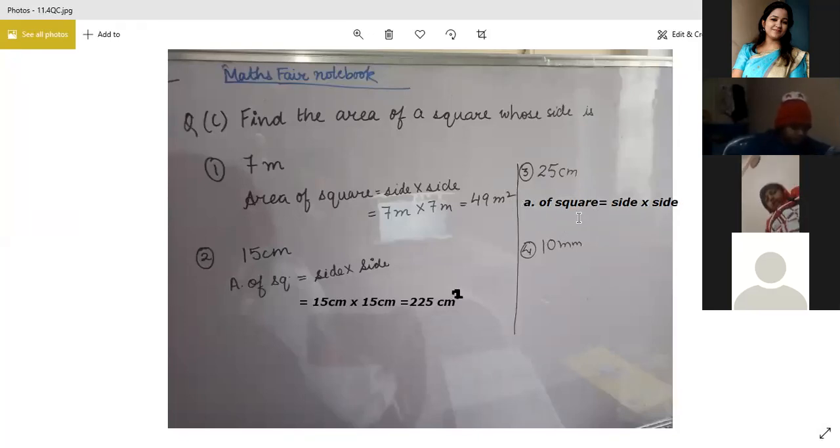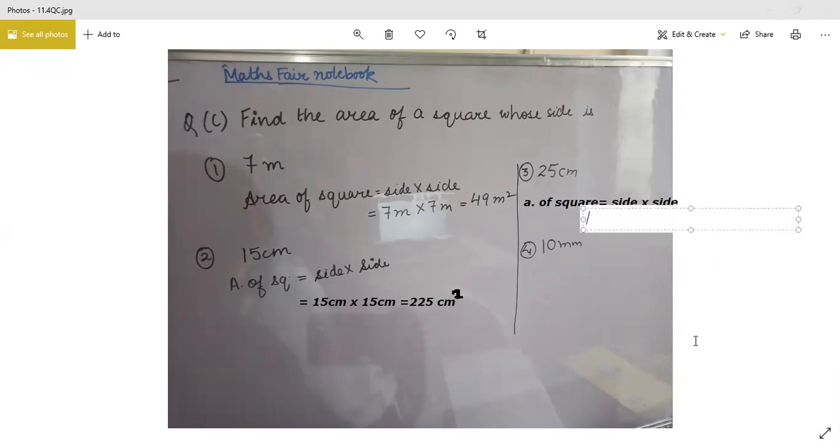Then we will write side multiply by side. So we will write equals to, side is here 25 centimeter. 25 centimeter multiply by 25 centimeter, which is equals to how much? Tell me quickly. 6.